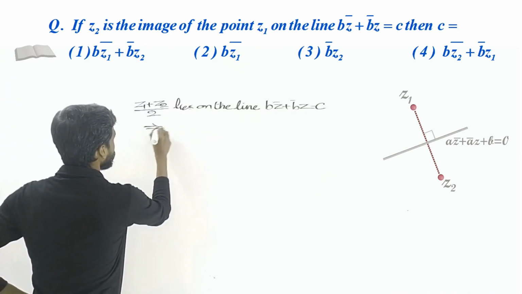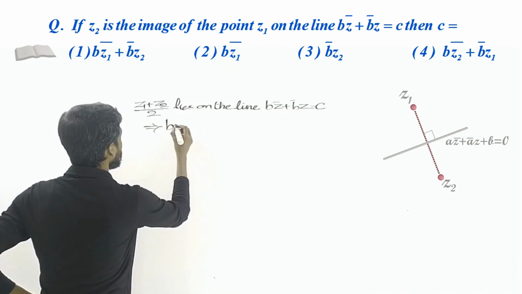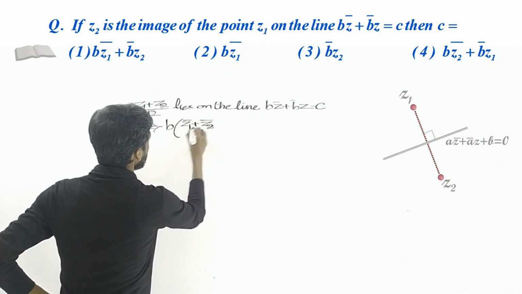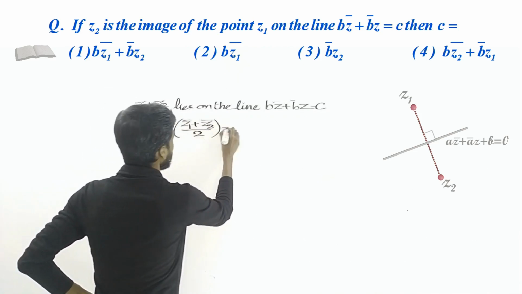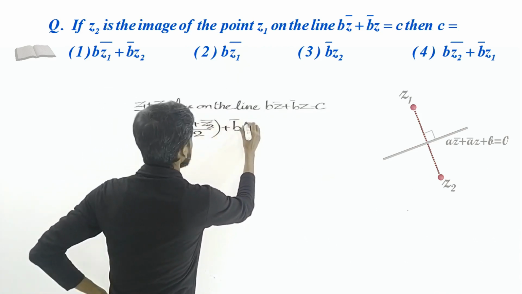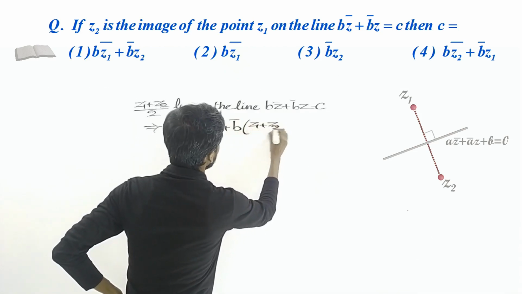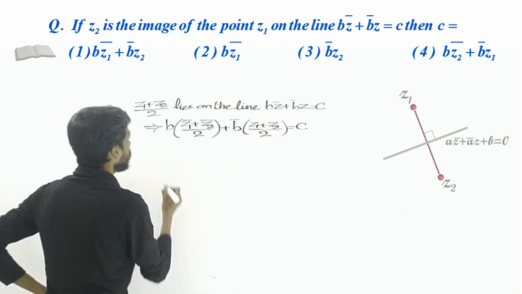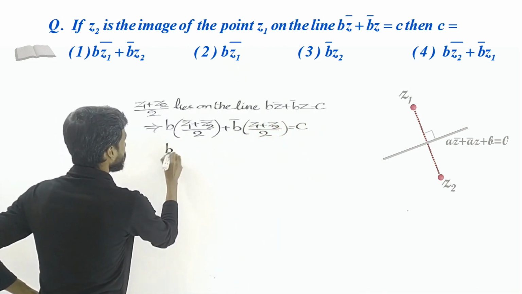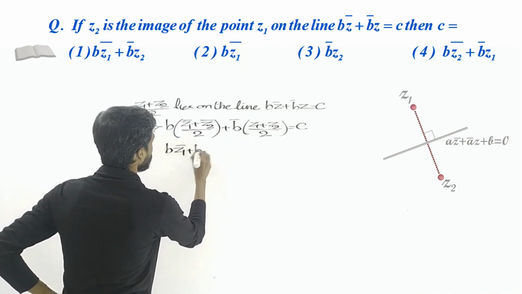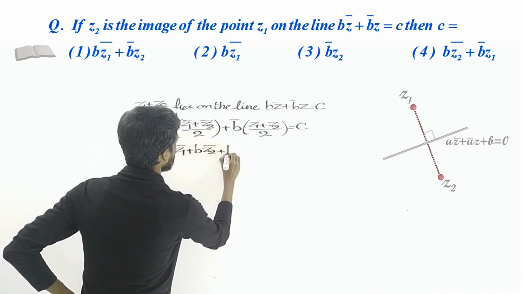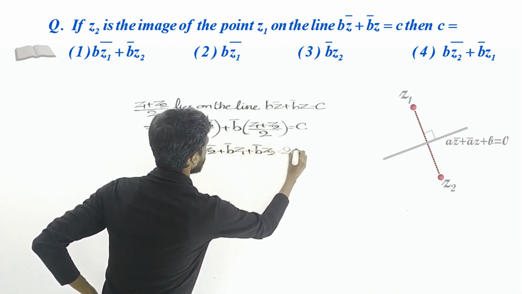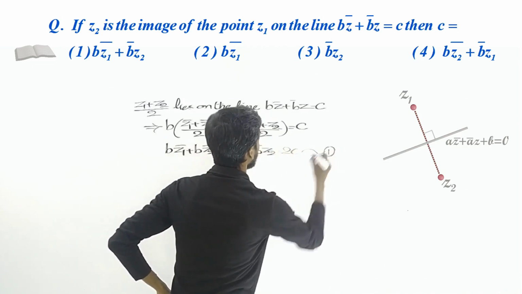So b multiplied by z bar, which means z1 bar plus z2 bar divided by 2, plus b bar z, where z is z1 plus z2 divided by 2, equals c. If you simplify this, we get b z1 bar plus b z2 bar plus b bar z1 plus b bar z2 equals 2c. This is equation number 1. We can use it later on.